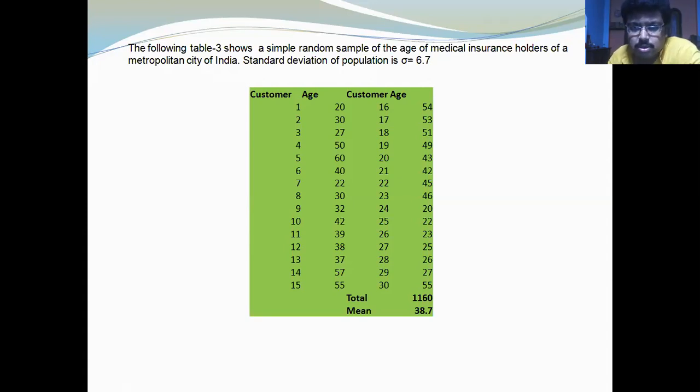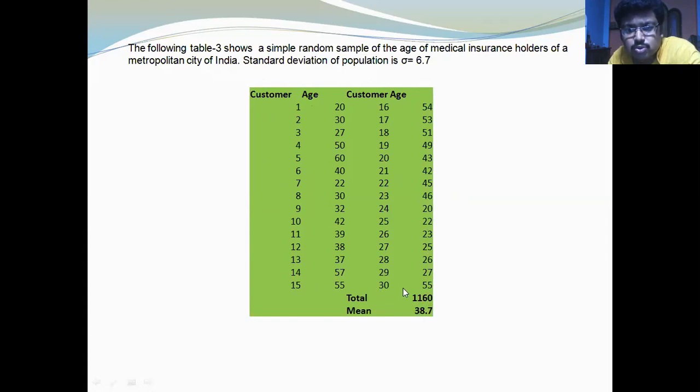Okay, so these are the number of customers, from 1 to 30, and these are the ages of the customers. This is a simple random sample, and here the mean is 38.7.